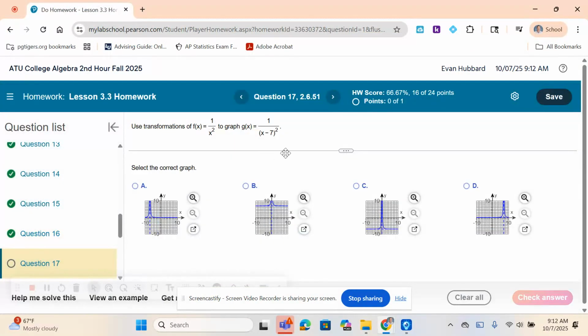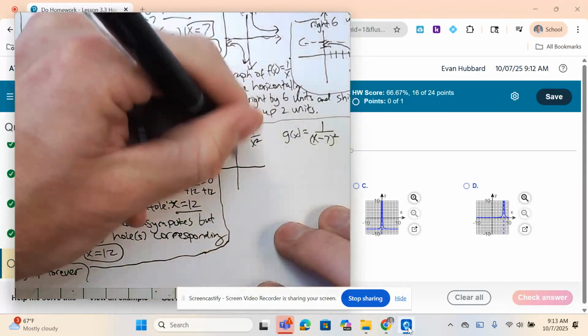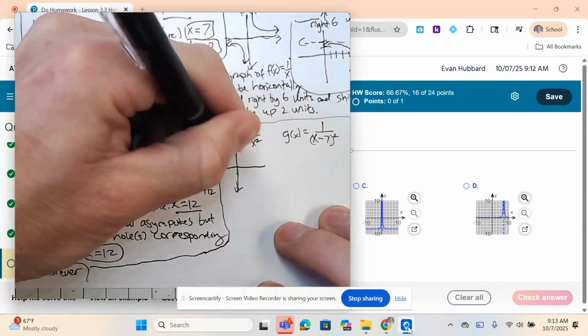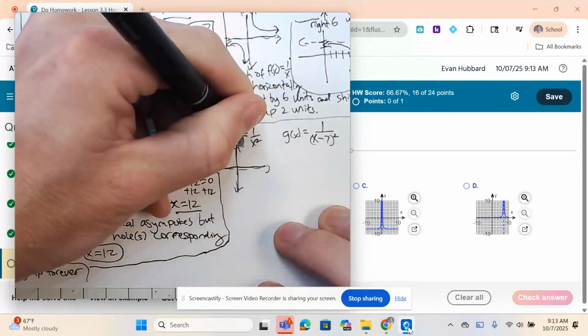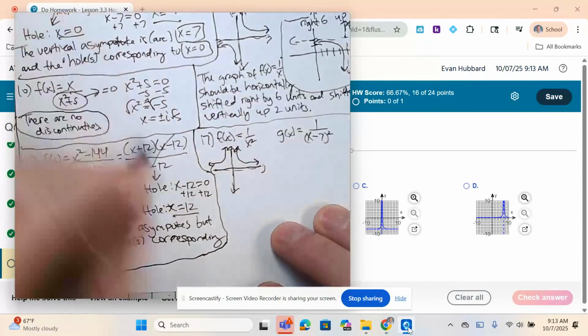Okay, so use transformations. The x squared graph is a special squared. I'll talk about that. g of x equals 1 divided by x minus 7 quantity squared. So 1 divided by x squared is going to be a special square graph. The asymptotes are still x equals 0, y equals 0, but they're both in the top 2 quadrants here.